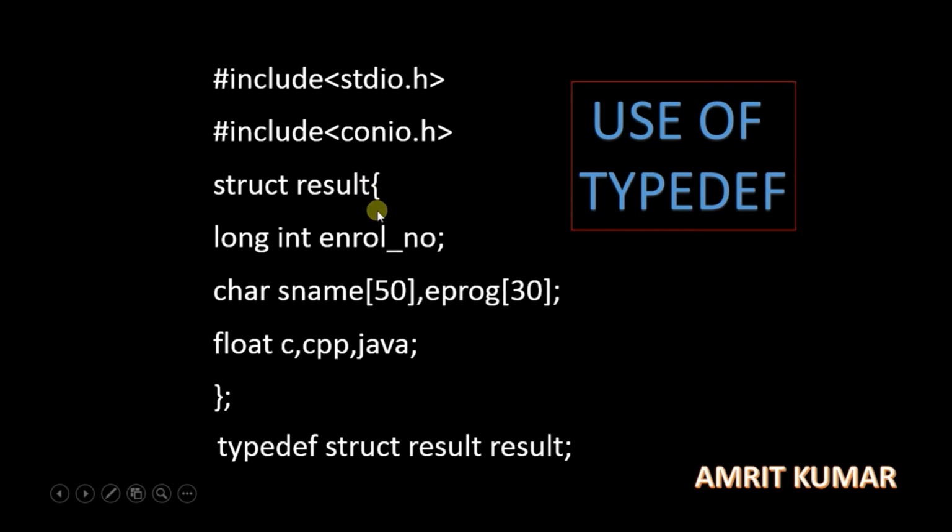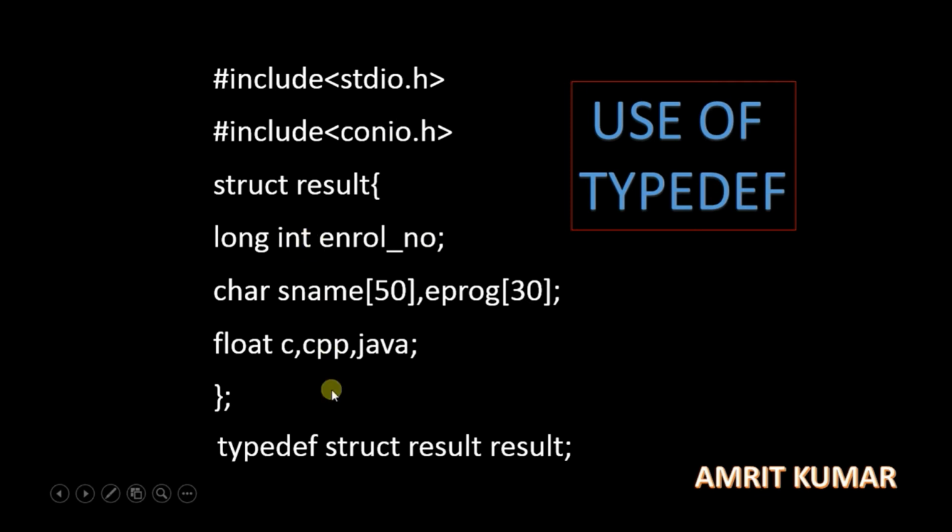After this I am just opening the structure here, and you can see the enroll number, which is the variable, sname, which is actually containing 50 size in it, and program, that is electronic programming, that is containing 30 size in it, and cpp, java contains a float data type. sname and program are of character data type, and roll underscore number is of long integer data type.